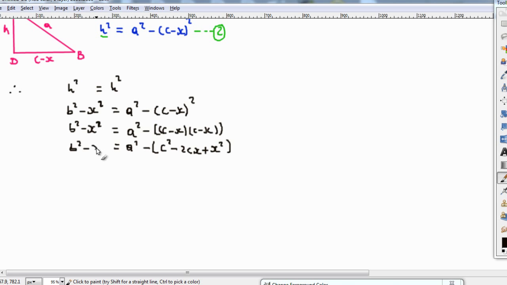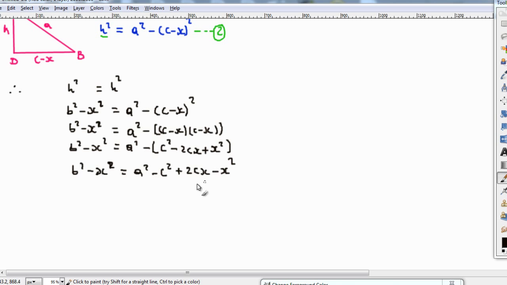So b squared minus x squared is equal to a squared. If we multiply this negative sign in, minus c squared plus 2cx minus x squared.